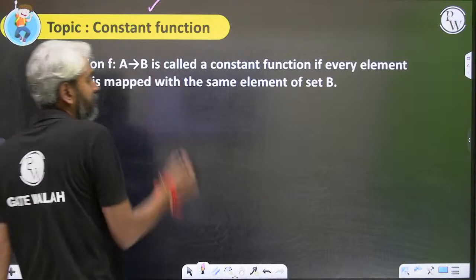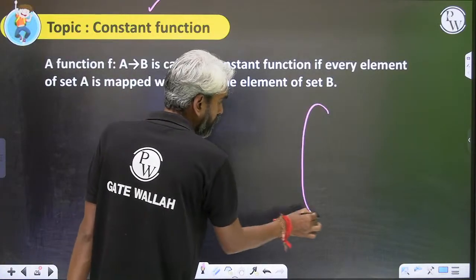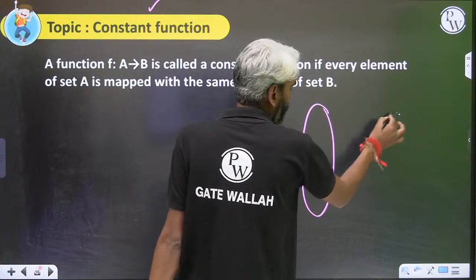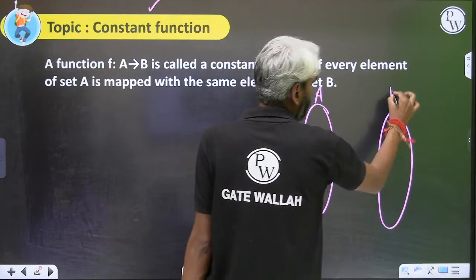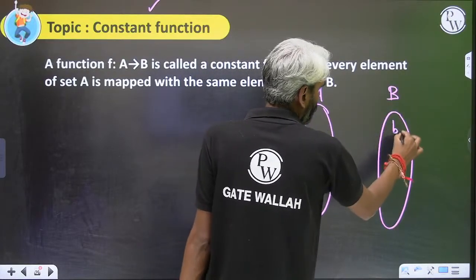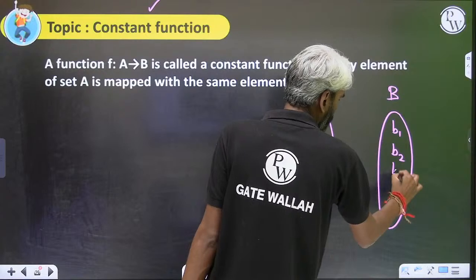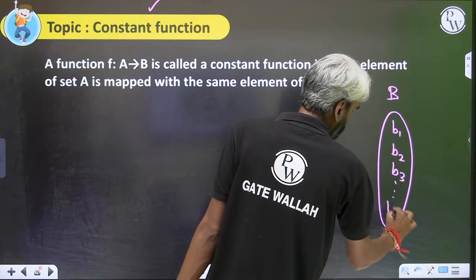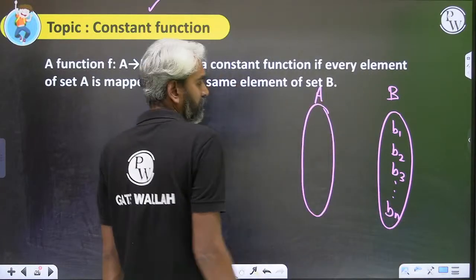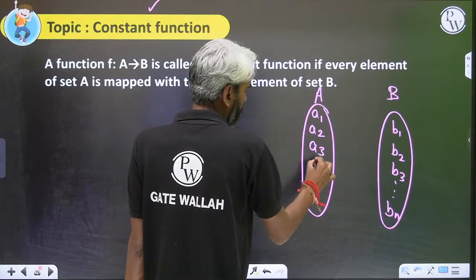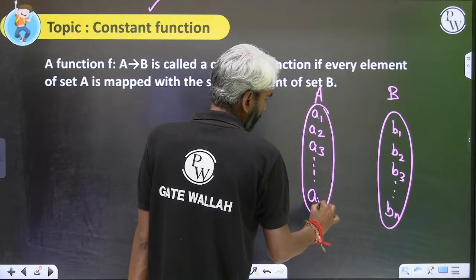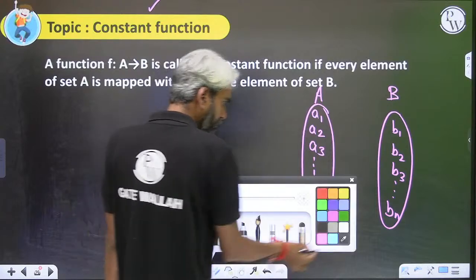So what is a constant function? Let's try to understand this pictorially first, and then I will give the definition. Let's assume that this is your domain and this is your codomain. There may be any number of elements in the domain and in the codomain.